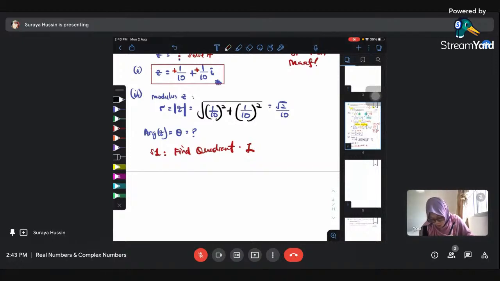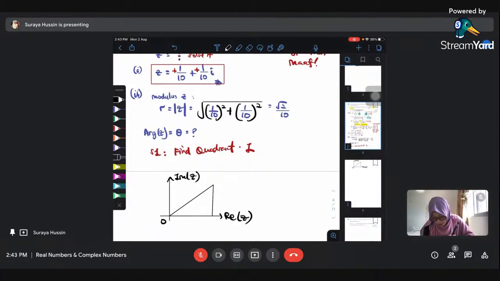Okay, but still, I need to draw it. Tolonglah belajar untuk label paksi X dan paksi Y dengan jelas. Okay, so, kamu amalkan dari awal. Bila amalkan dari awal, it's very good for you. Okay, tolong lukis. Ni semua markah ya. Tolong buat dengan sangat cermat.